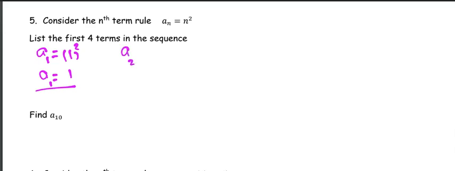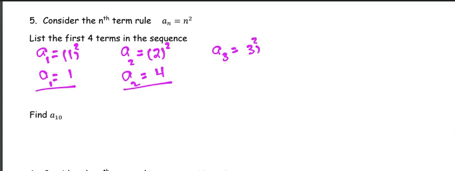The second term, that means I'm switching n with 2 in the rule. That means I'm going to end up with 2 to the second, and 2 to the second is 4. The third term, that means I'm switching n with 3.